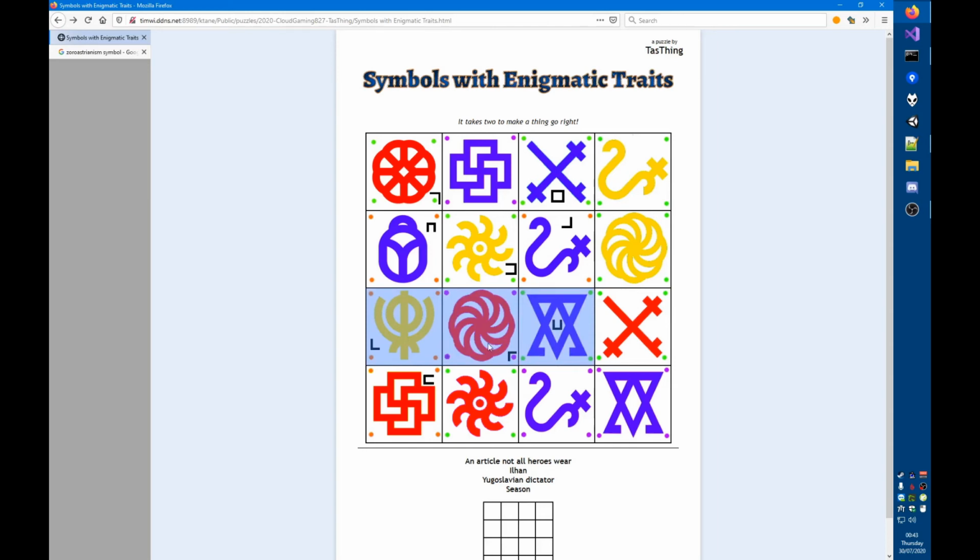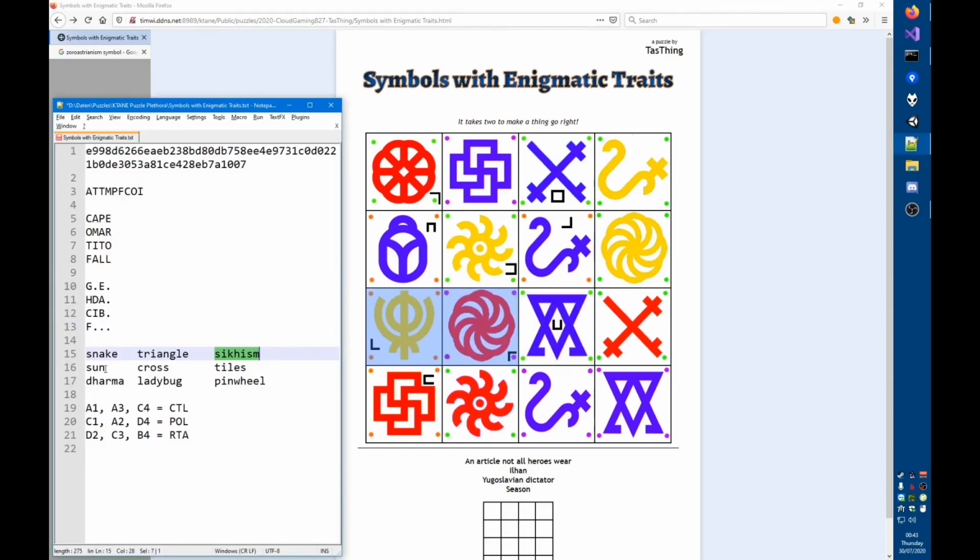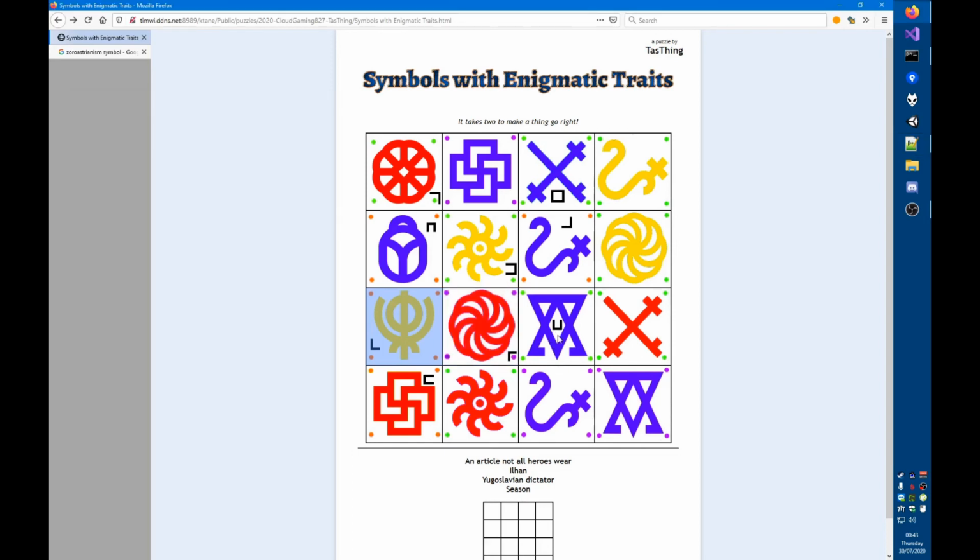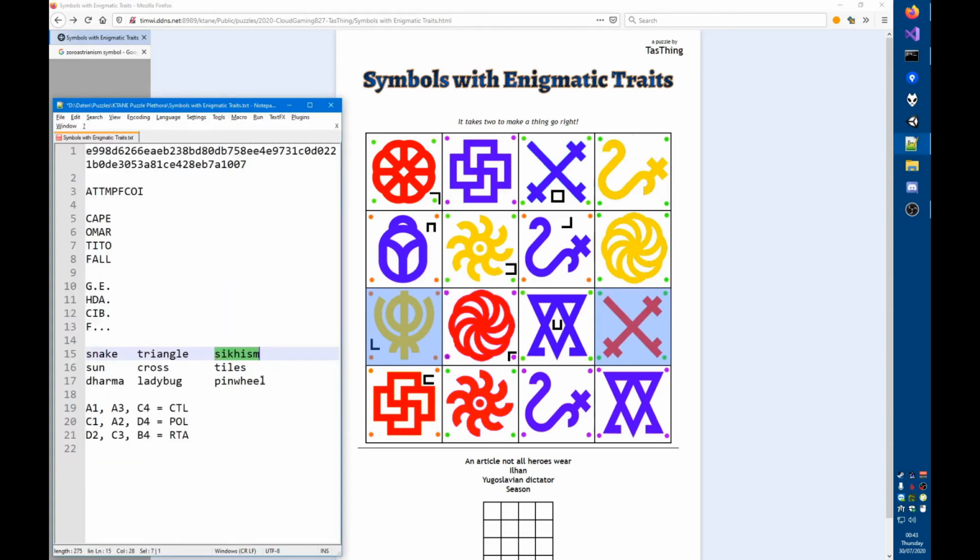Is this a set? Oh, that would surprise me. Sikhism and pinwheel requires tiles, so no. That's not a set. This would require a red with purple dots, which we don't have. This requires a blue with purple dots, which we do have, so let's quickly check that.